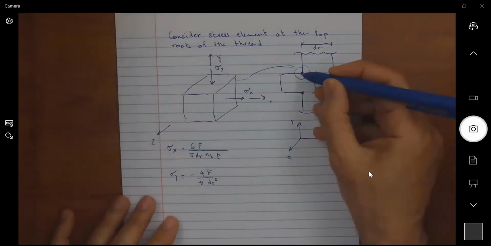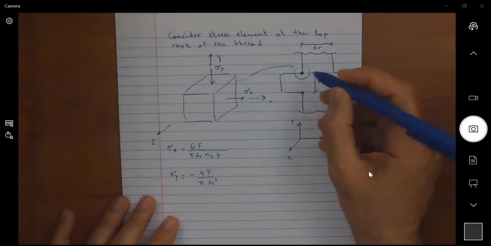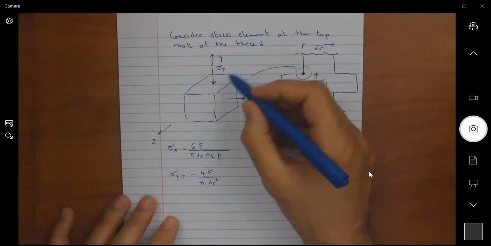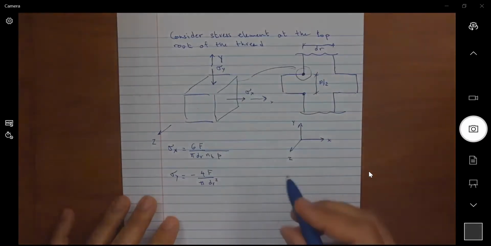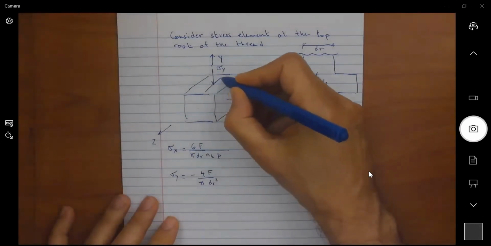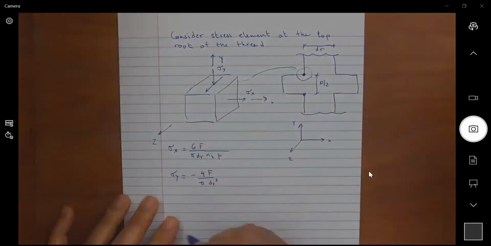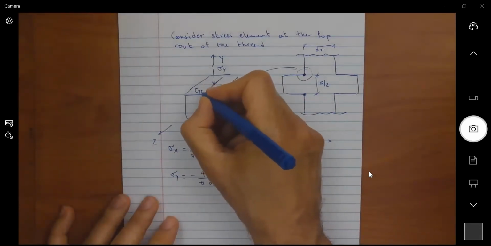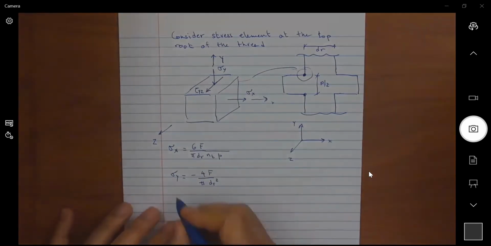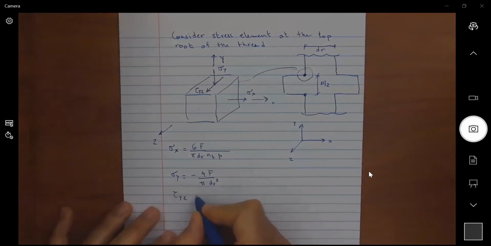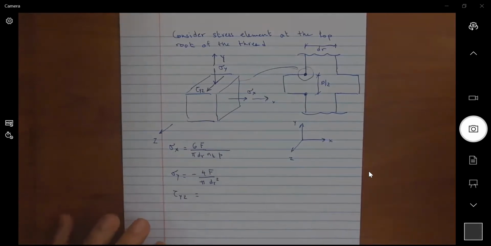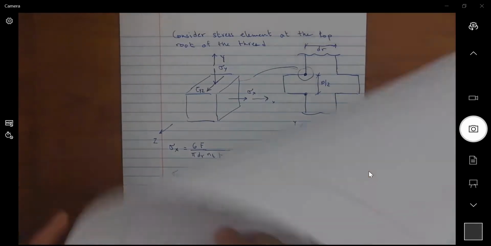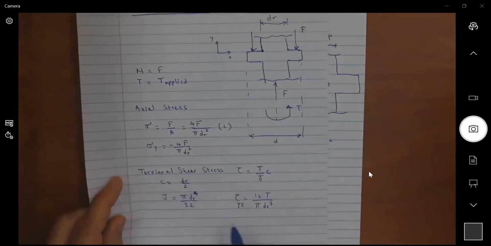And finally, we had the torsional shear stress acting on the y face in the z direction. So this is going like this. We had a tau yz, and this is coming from the torsional shear stress.